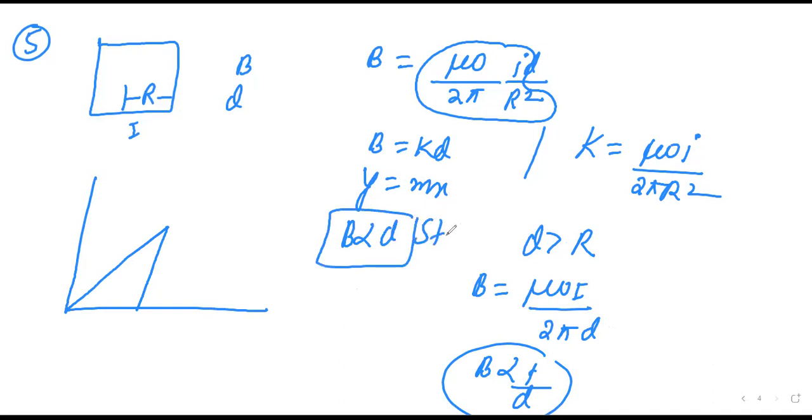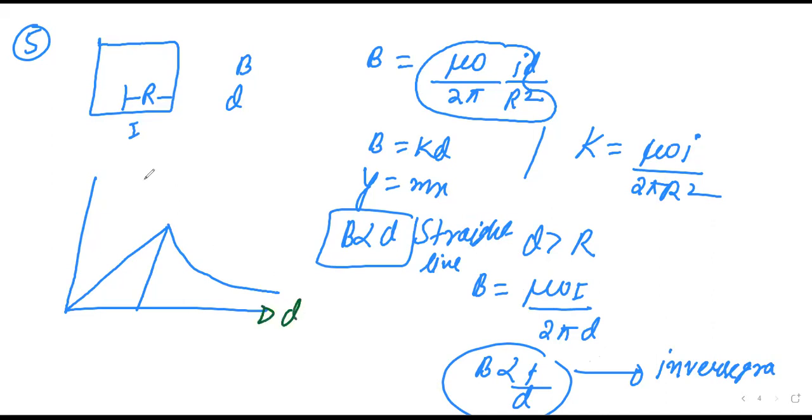So this is the straight line, and this is the inverse graph, so it will be like this. This is the graph between B and r. First it increases, so this is your increasing graph, and this is your decreasing graph. So please write it down.